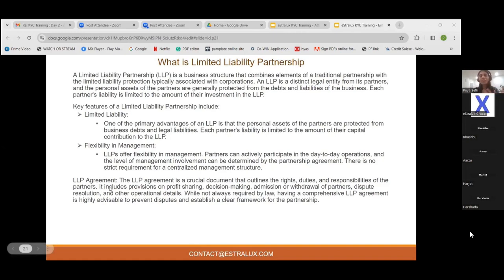There will be rights, duties, responsibilities, who the partners are, what will happen if something occurs and how to get a resolution on it, and other operational details, like every establishment's documentation when something comes together. It is no less than that, it is just the same. You also don't have to worry about what is in the LLP agreement, but you must know that this is the authentic document required in order to know who the partners are and what all they do.